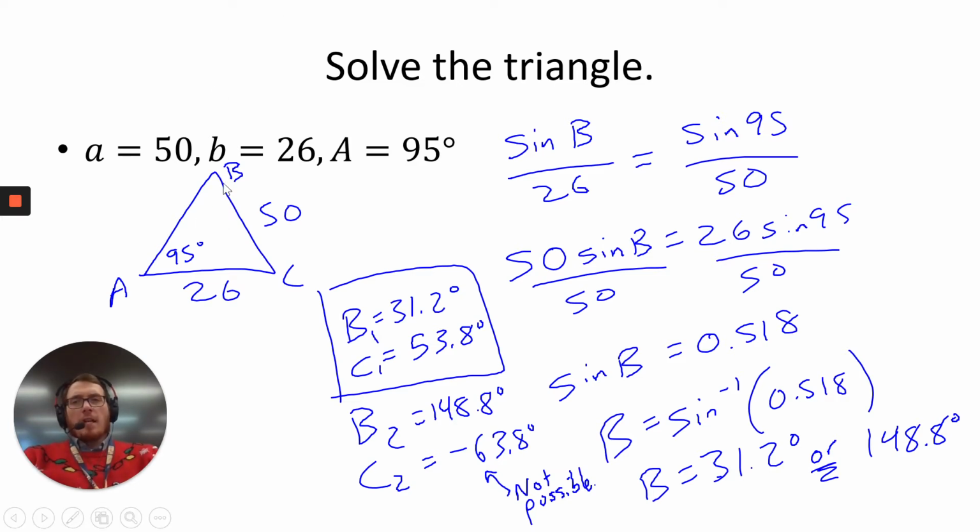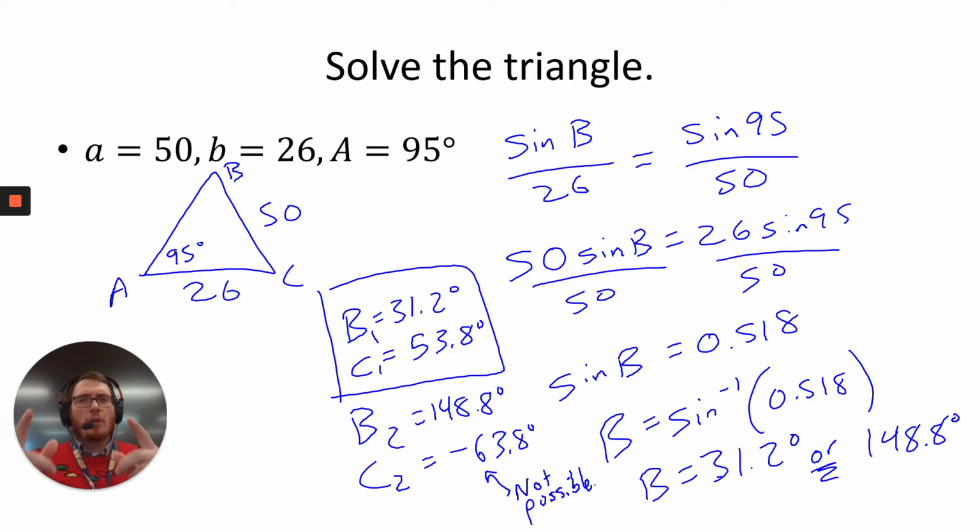So you set up the law of sines. Sine of B over 26 equals sine of 95 over 50. Cross multiply and solve. Now notice here when you get down to this, 50 sine B equals 26 sine 95, then divide by 50. And then you have sine B equals 0.518, and there's more to that number. I would suggest keeping that number entirely on your calculator as you're solving.